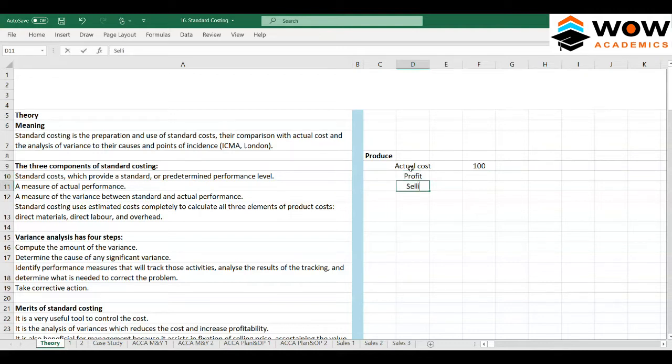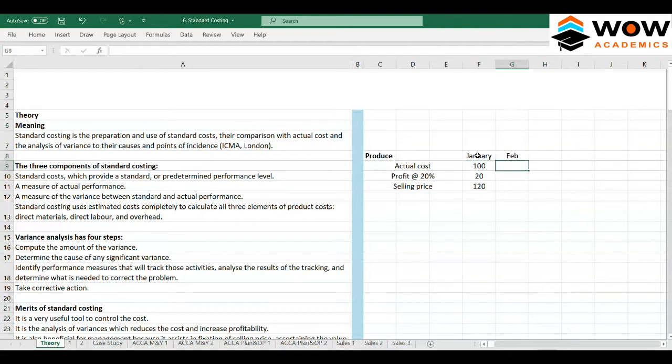Will that work properly? If you add 20% of whatever the cost is, the profit will be 20 and your selling price is going to be 120, right? But that is for January.